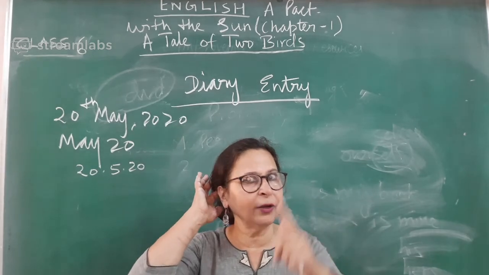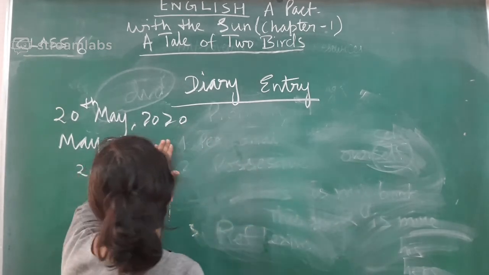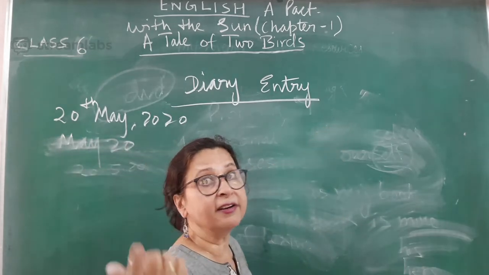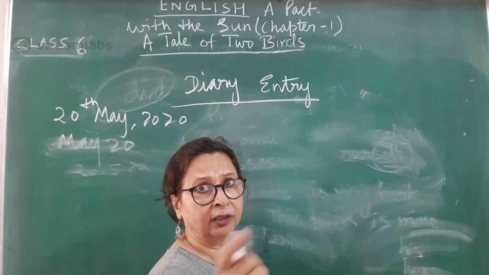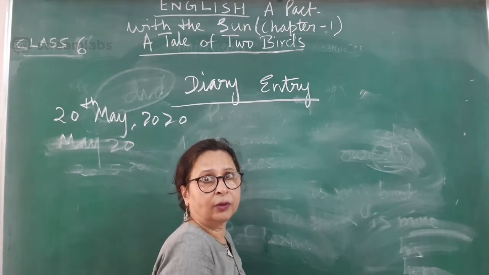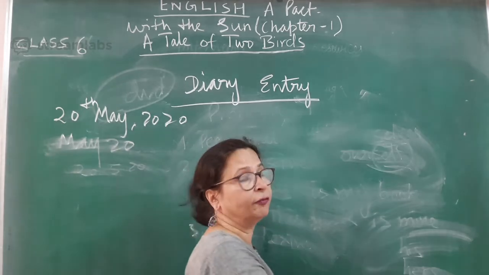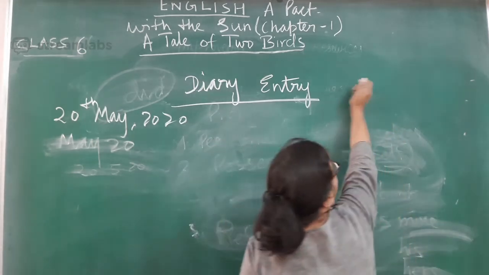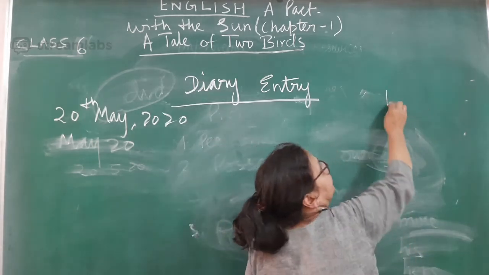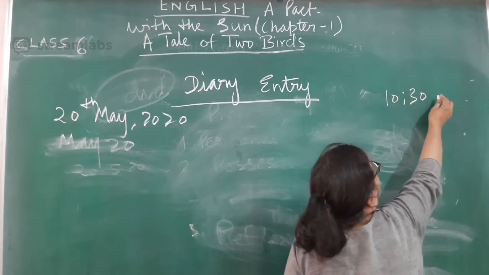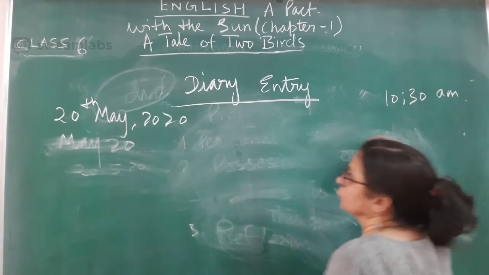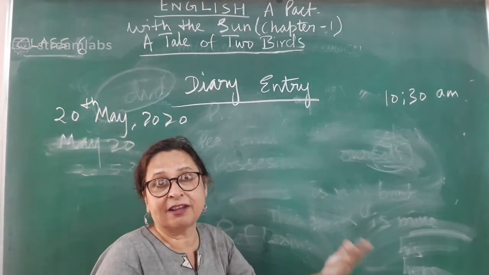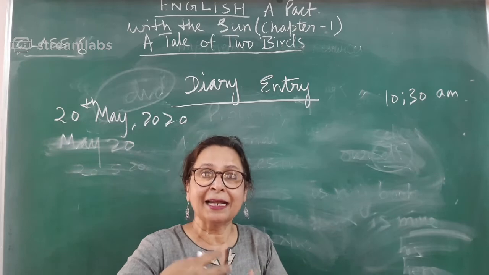So I am giving one more diary entry. Children, in this diary entry, you write the date. You can write the time here. It's usually written in the evening, but there is no hard and fast rule. You can write any time you want, whenever you're free. If you are given a question, you can imagine some time, for example 10:30 a.m. So date and time, and then of course the addressing, so you'll feel more at home.